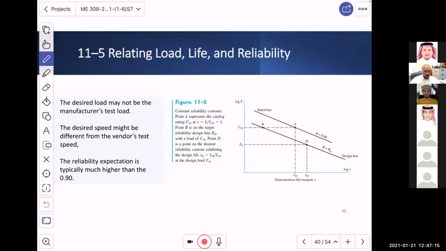Now, here, you can play casual. Like you say, okay, if I want 99% reliability and the load I am applying is 1 kilonewton, if I go to the catalog, the catalog will give me a value for 90%.